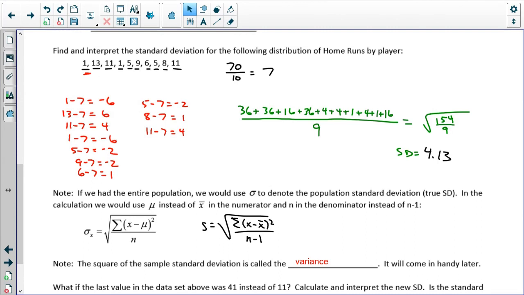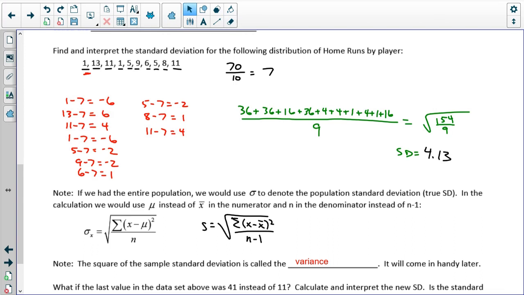So what the standard deviation of 4.13 means is that we have a typical player, and the mean number of home runs for a player is 7, but that doesn't mean that all the players have 7 home runs. So the standard deviation is telling us that while the mean number of home runs is 7, the typical player tends to have 4 or so more or 4 or so less home runs than the average.